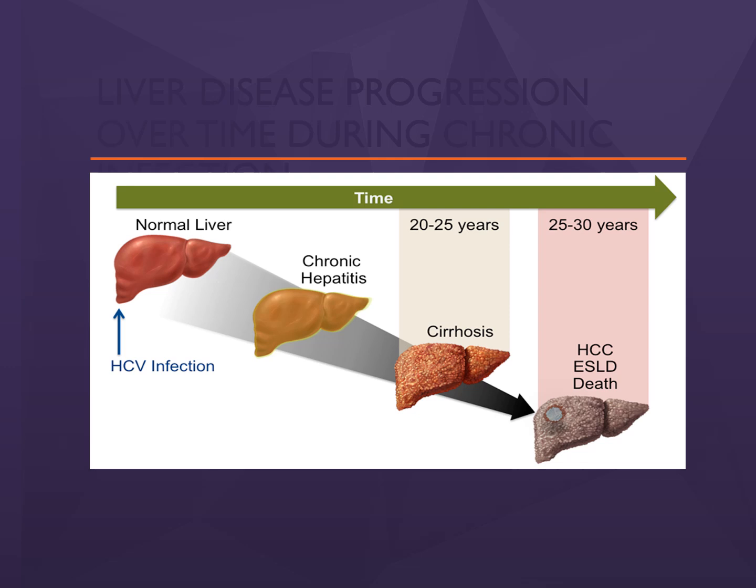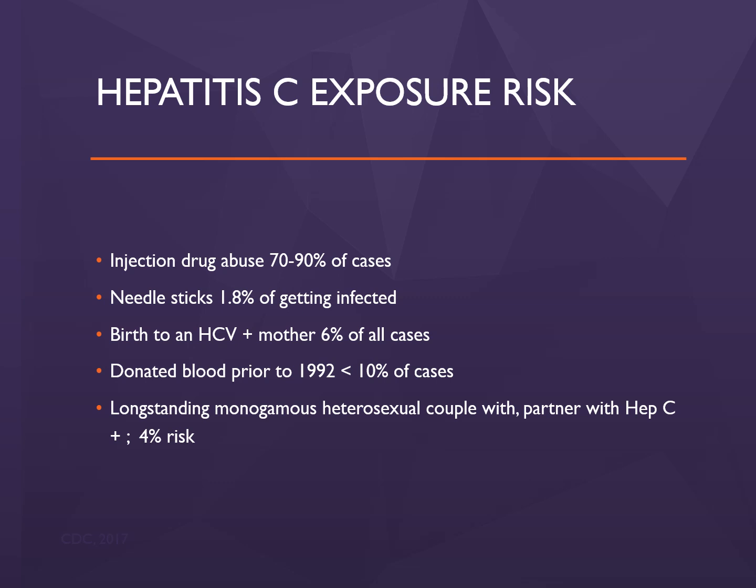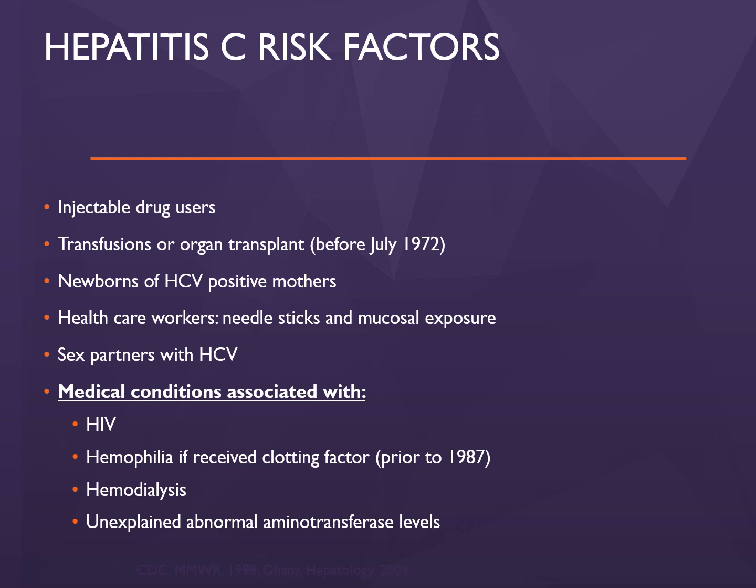Usually the progression from normal liver to HCC or cirrhosis of the liver is many, many, many years. Cirrhosis of the liver, if patients take care of themselves, can be prevented even without treatment with medications. So who's at risk? We talked about that already. Those who are at risk of being exposed to someone's blood, right?